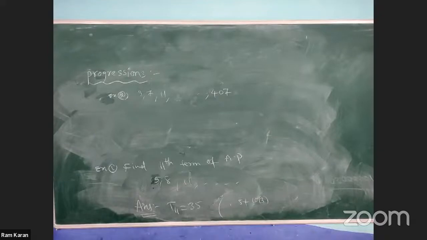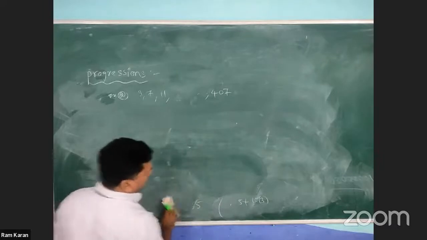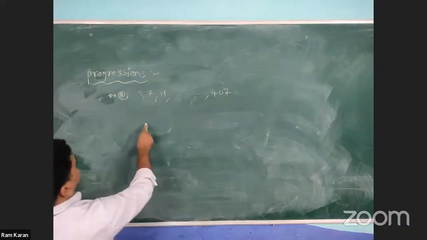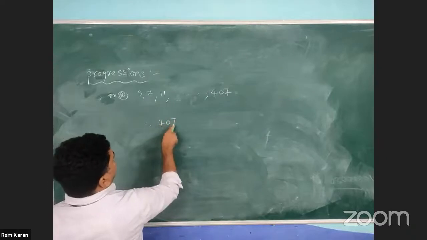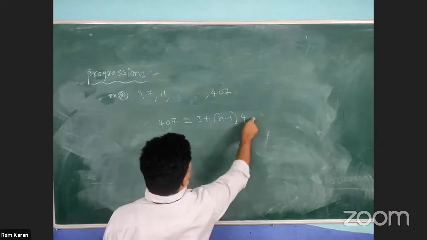We need to find n. 407 is equal to 3 plus (n minus 1) into 4.